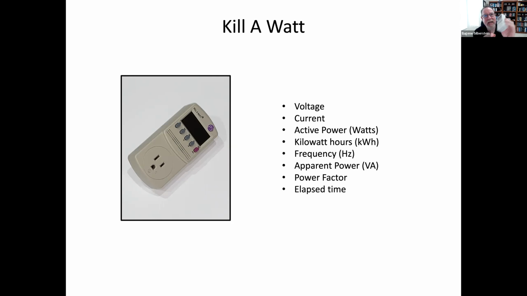So what I love using these for in the classroom is taking ECM motors that are not installed in air handlers, that are on the bench, that are installed in a blower, and have them monitor the parameters at which this system is operating.